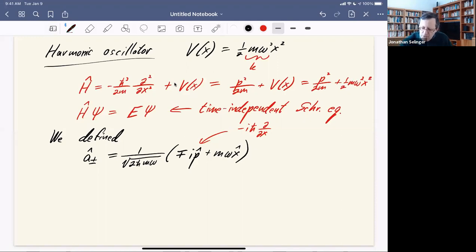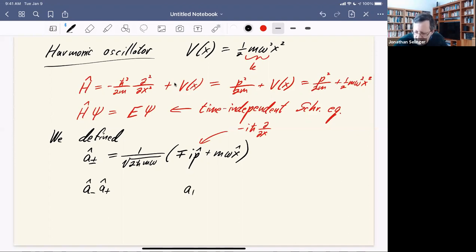Suppose we want to compose them. So we want to make the combination, whoops, no, do the minus first: A minus A plus. So this is a composition of operators. That means this pair of operators can operate on any function that comes along, right?